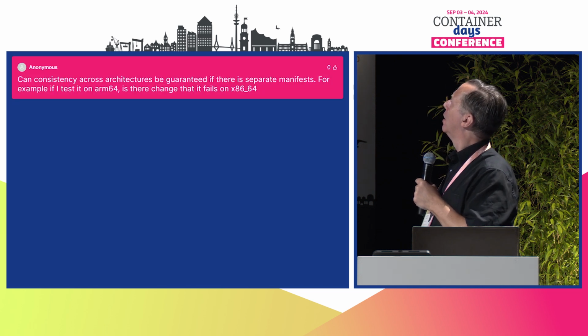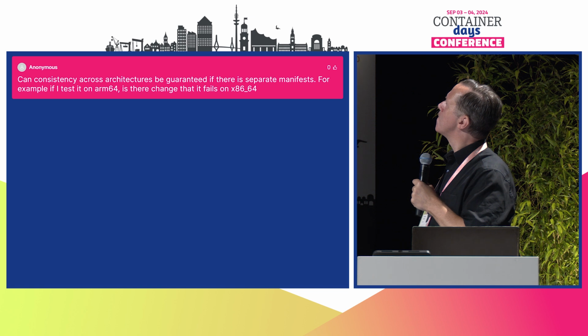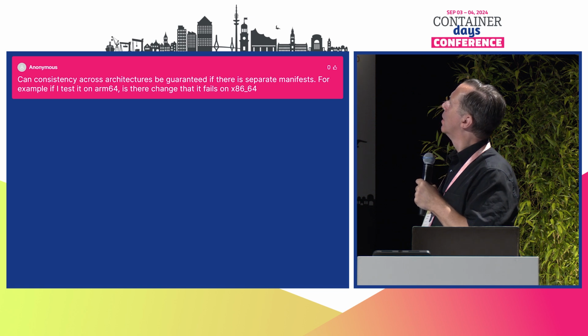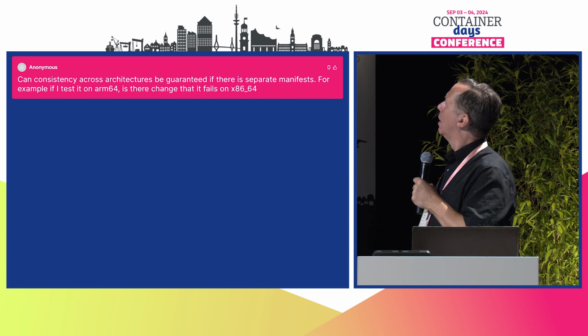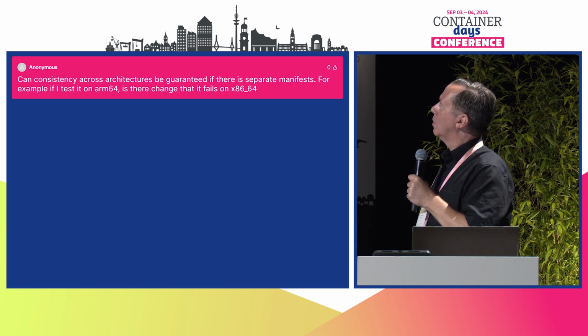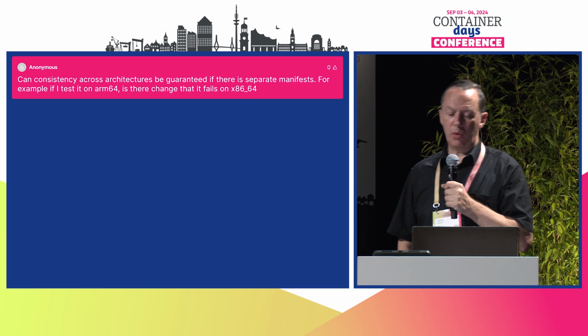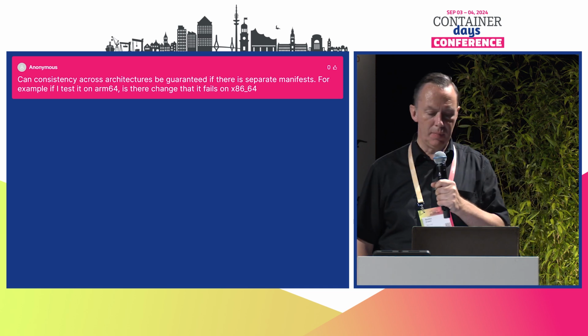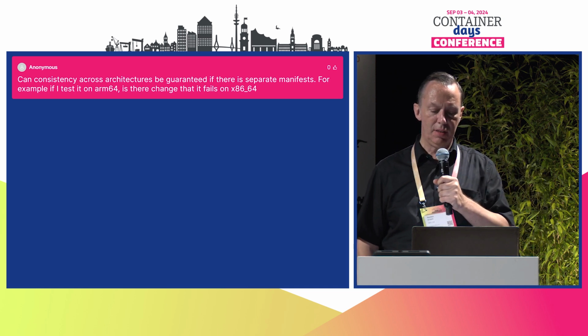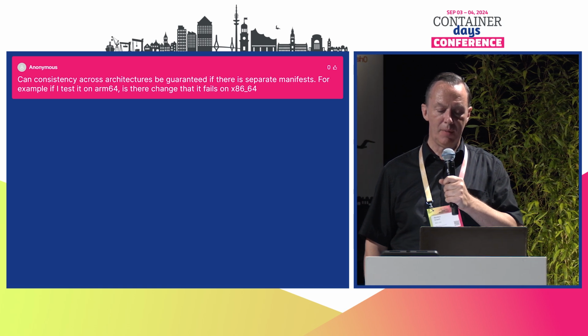All right, thank you. Let's go to the next one. Can consistency across architectures be guaranteed if there are separate manifests? For example, if I test on ARM64, is there a chance that it fails on the other one? You mean you create an image on ARM64 and test it, and then you automatically create an image on x86, for example?